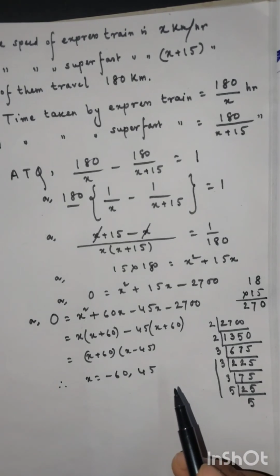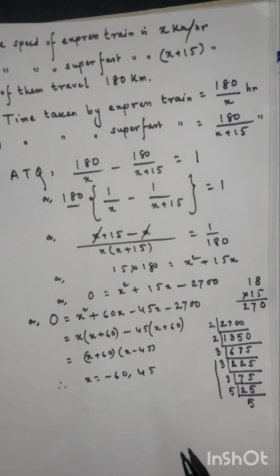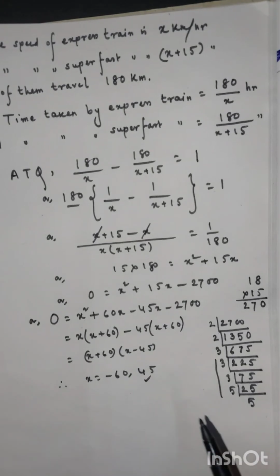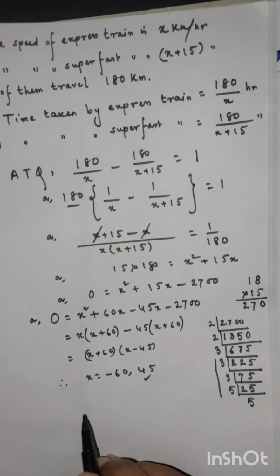So we cannot take minus 60 because speed cannot be negative. Therefore this is our correct answer. Speed of express train is 45 km per hour.